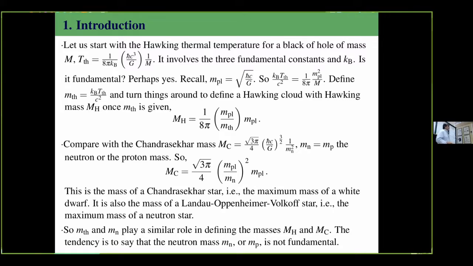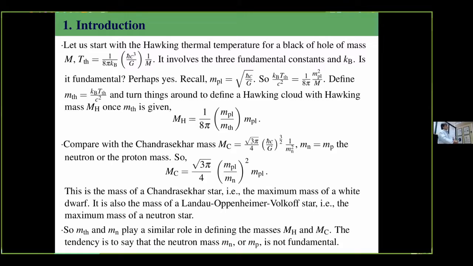Now recall that the Planck mass is given by these quantities here. We can pass c squared to this T thermal, multiply by Boltzmann's constant, and get k_B T thermal over c squared equal to 1 over 8 pi times Planck mass squared over m of the black hole. So we can define the thermal mass given by this quantity, because this is energy over c squared, so it's a mass.